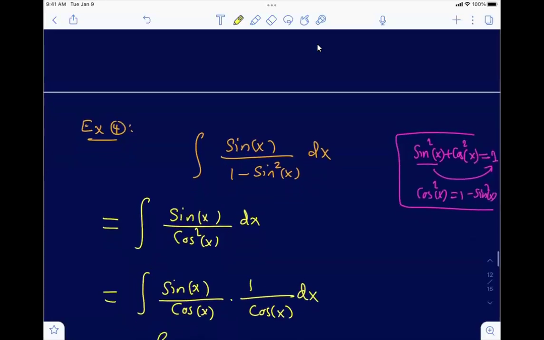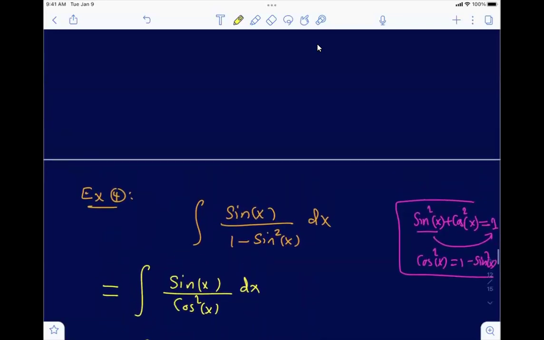But now this may seem a little complicated. How are you going to integrate sine x divided by cosine square? Sometimes it's about representing it properly. Sometimes you need to simplify. So in this process, you may need to have some inspection. You need to just think about it.